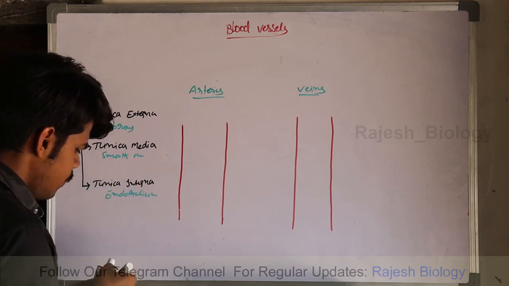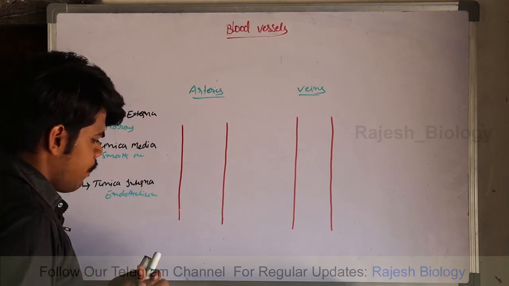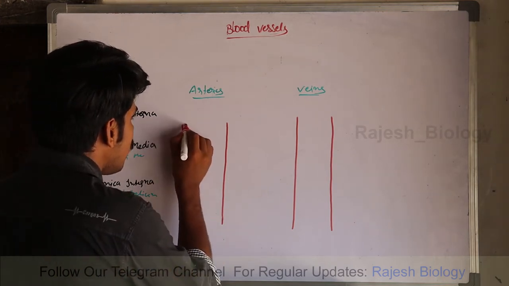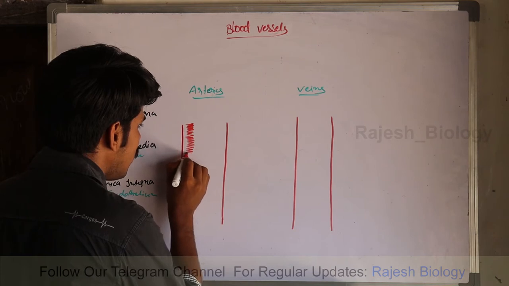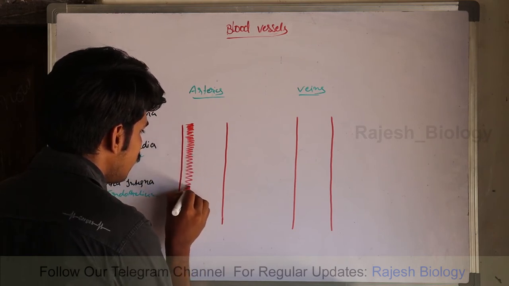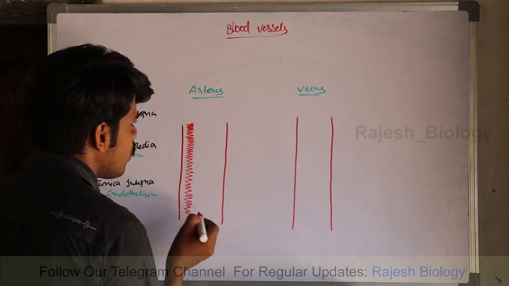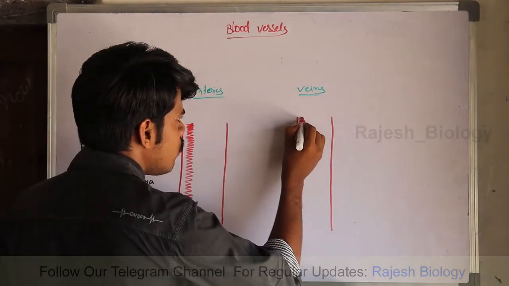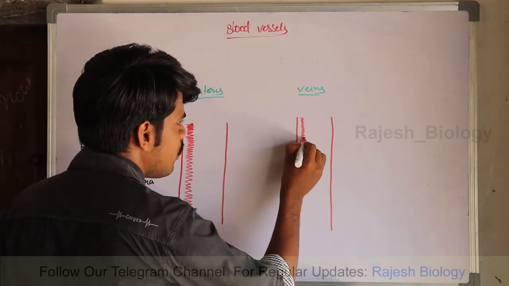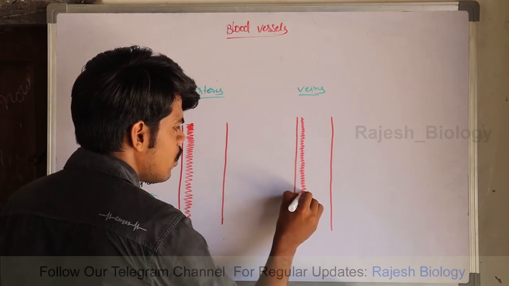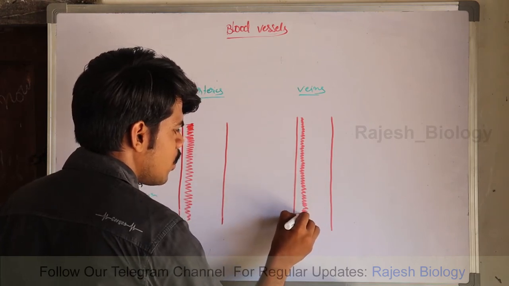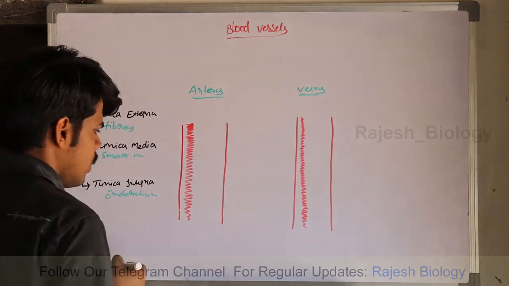So I will draw here. Simply, the tunica media of the arteries is thick. The tunica media of the artery is thick when compared with the tunica media of veins. Tunica media of veins is thin. So it is a small difference between arteries and veins.